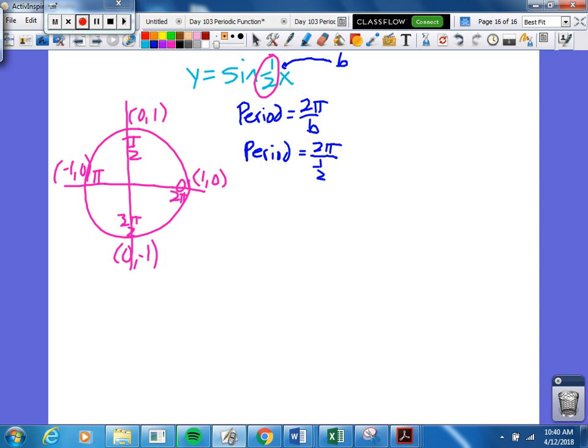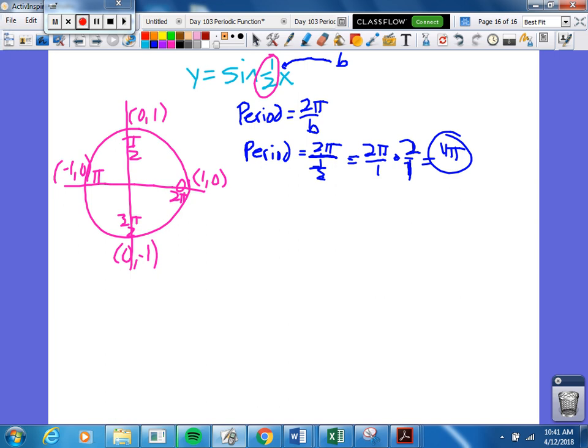Now what is that? This is the fraction bar, right? So that's 2 pi, not divided by a half, but multiplied by the reciprocal, so multiplying by 2 over 1. So keep, change, flip, right? So that's 4 pi over 1, which is just 4 pi. So now my period is 4 pi. Okay, so keep that in mind.